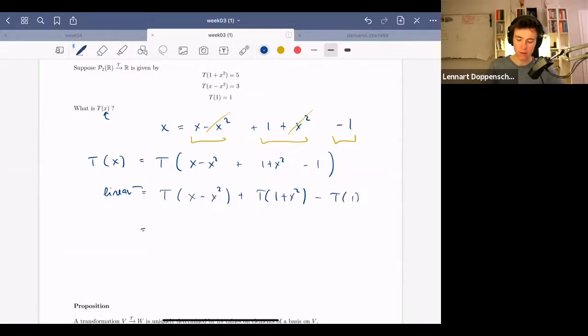And now these values are given because this is what we know about t. So this is 3 plus 5, and this is minus 1. So this is 7.